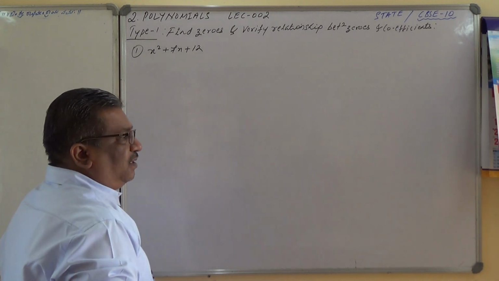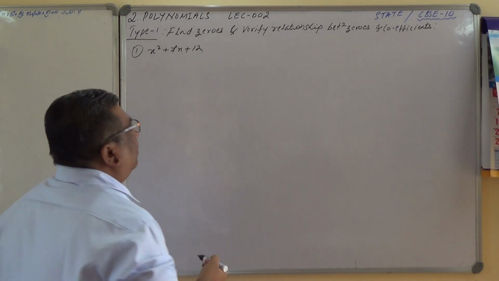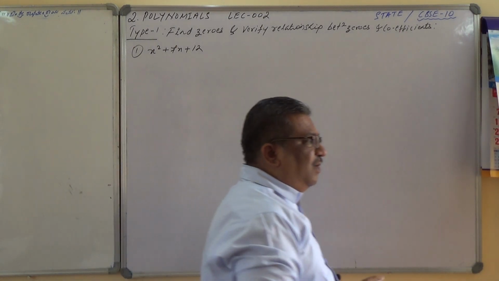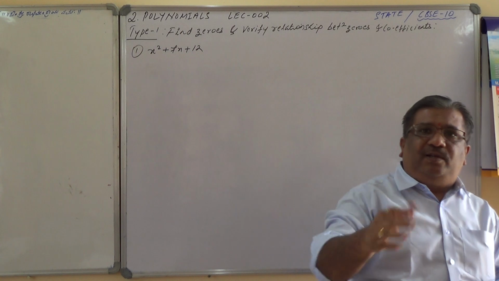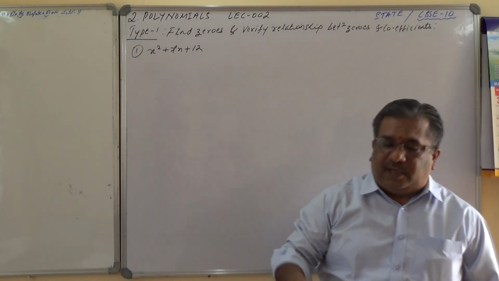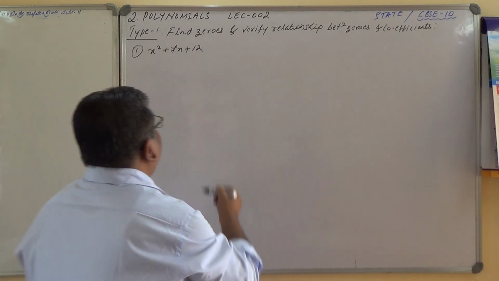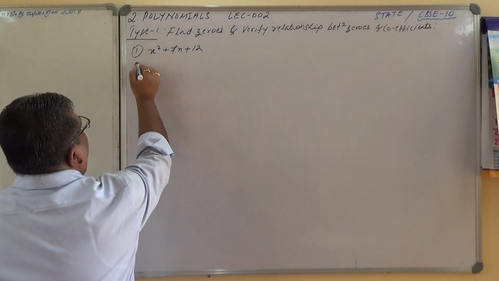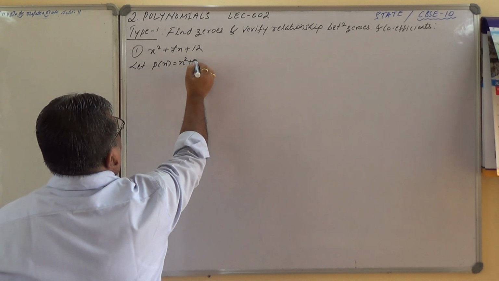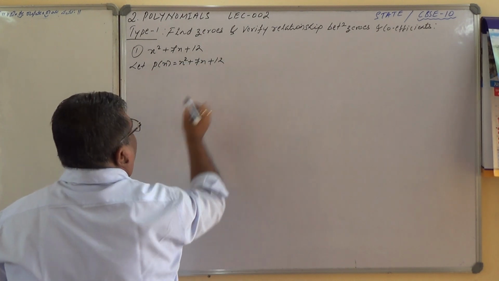So how to solve this? Concentrate on the method of how to find the zeros, because finding the zeros is one very important aspect. Many students fail to adopt that first step itself. That is the most important step. Let p of x equals x square plus 7x plus 12.